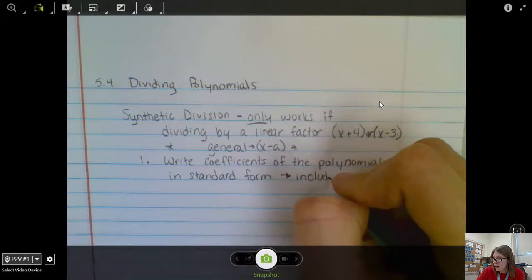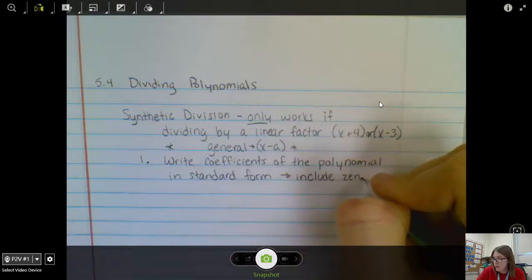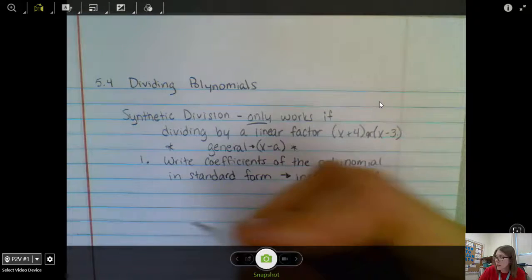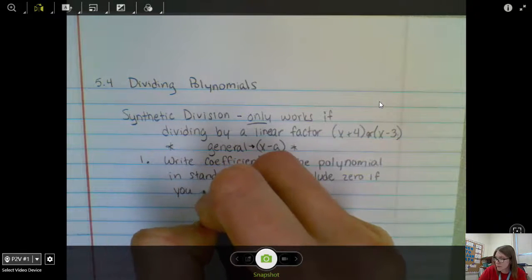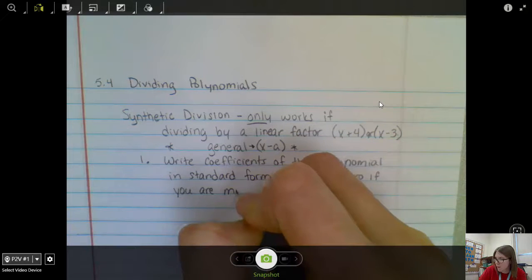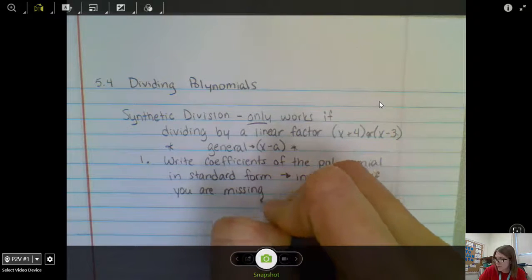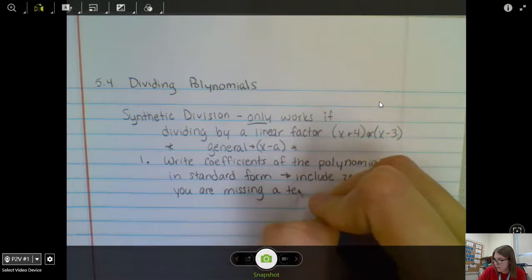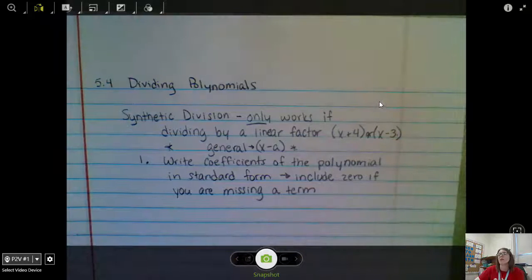And when we do that, we need to include a 0 if you are missing a term. So like if we had x cubed and then an x term, we didn't have an x squared, we would need to include a 0 there.